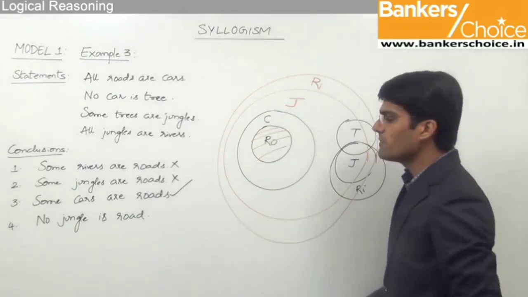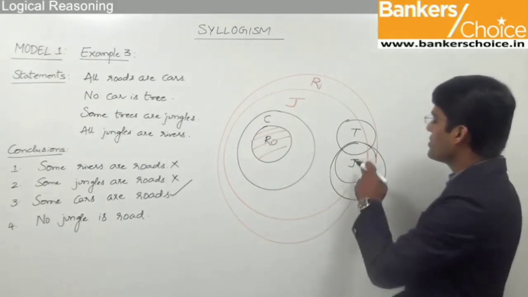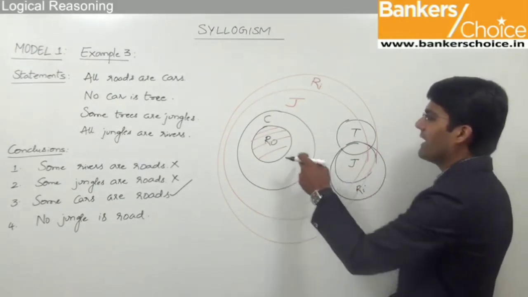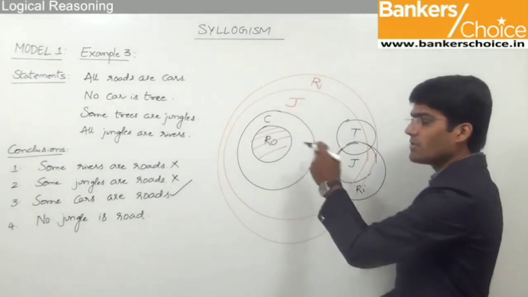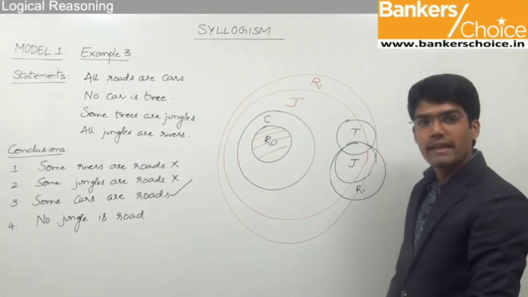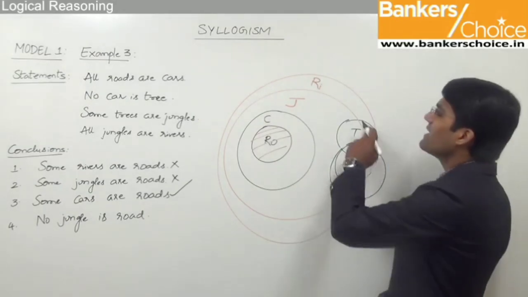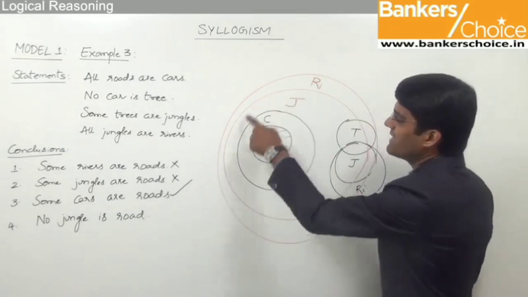And moving on to conclusion 4, it says no jungle is a road. Now going by the basic diagram, jungle is the black circle and road here is this black circle. There is no overlapping between jungle and road. So conclusion number 4 follows the basic diagram. But if we take the jungles to be the larger circle, we find that no jungle is a road fails in the second case. Why?